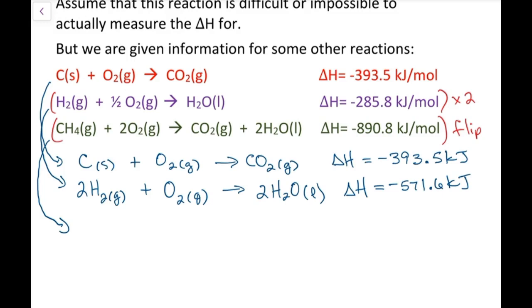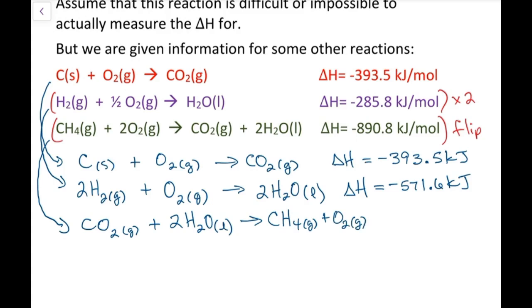So instead of carbon dioxide and water being my products, they're going to become my reactants. So I'm basically writing the reverse reaction. So CO2 gas plus 2H2O liquid, and that's going to give me CH4 gas plus O2 gas as a product, and my delta H also has to be flipped.